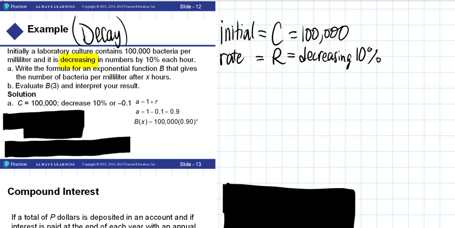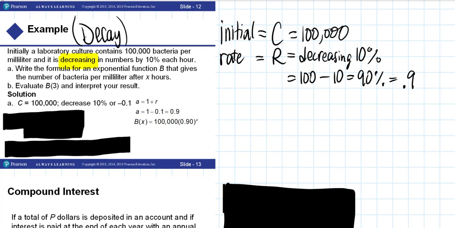Okay, so you want to think about if it decreased 10% in 1 hour. So in 1 hour, what percentage is still left? You say, well, you had 100% and you subtracted 10%, so it's 90% left. So your rate, you can't put the percent symbol in a formula, so you have to write it as a decimal.